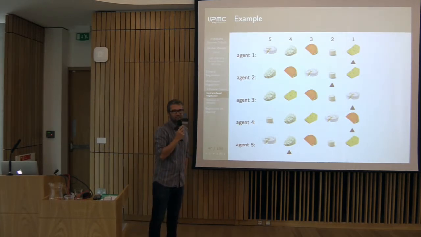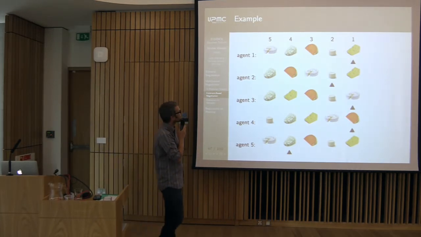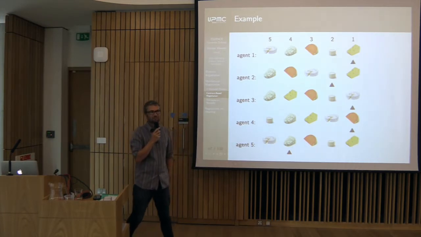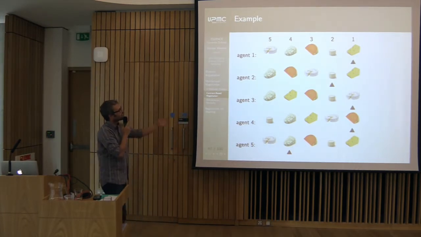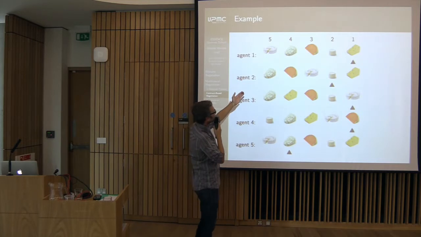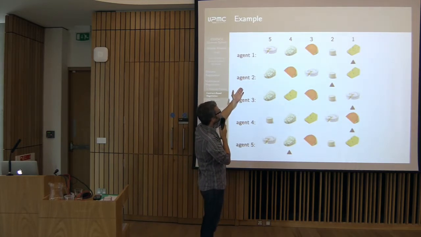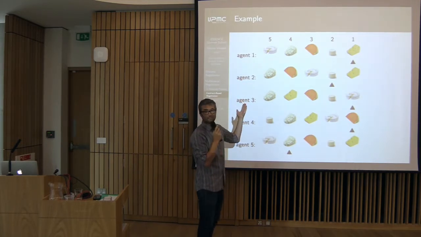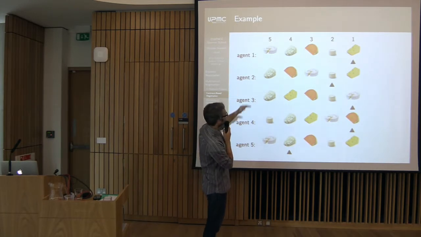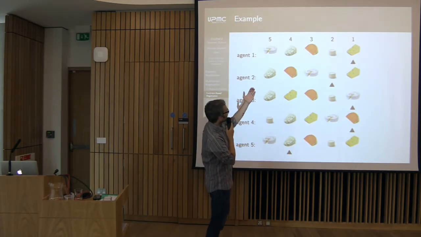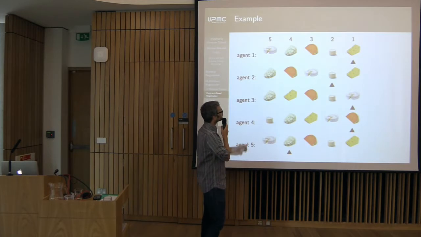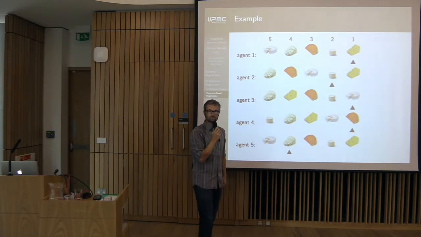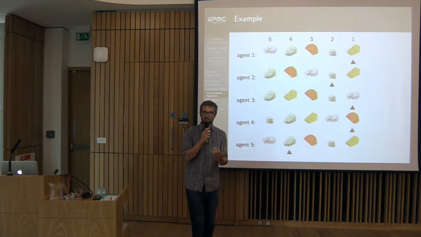So, you have this house market with 5 agents and 5 cheeses. So agent 1, her preferred cheese is Camembert, here. Then you have Roquefort, position 2, which looks a bit like Stilton, but it's sheep milk.